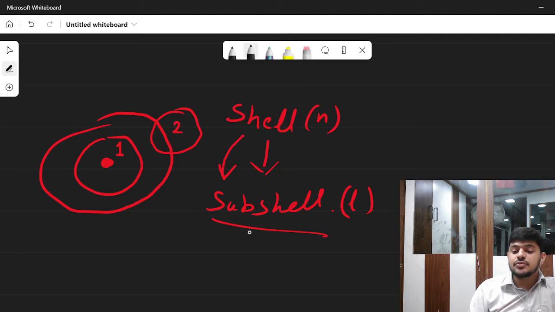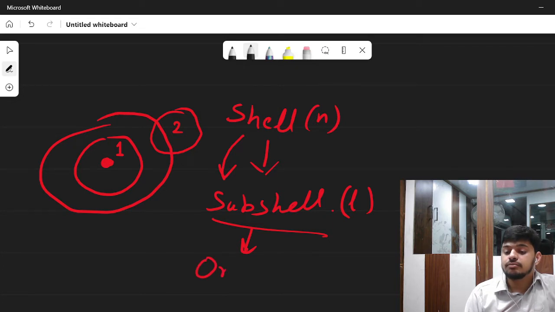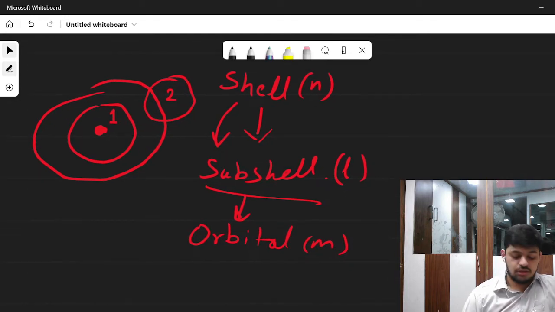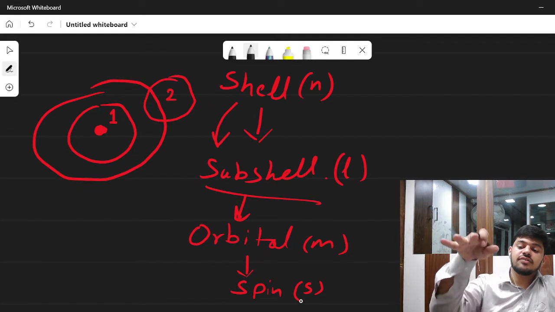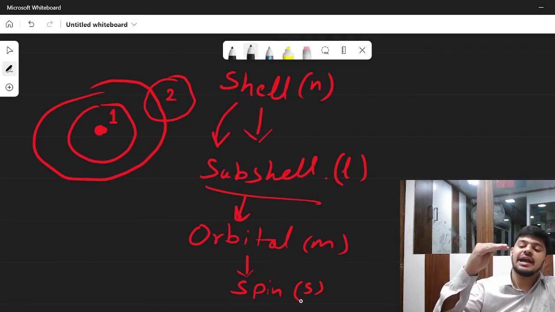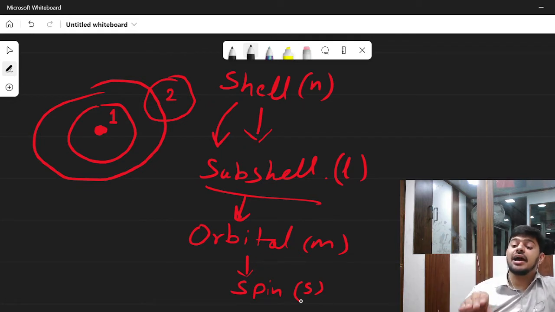When you find the subshell, then you check the room number, which is the orbital, which is M. And the last thing is the spin, which is S. These are the 4 different quantum numbers, different levels of the address of the electron, showing how and where the electron exists inside the atom.